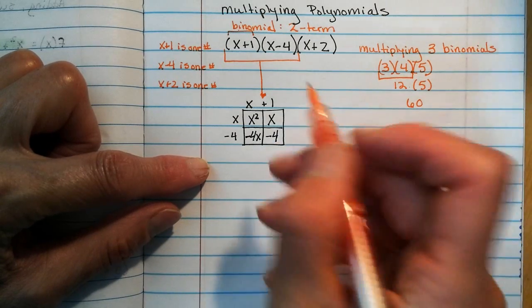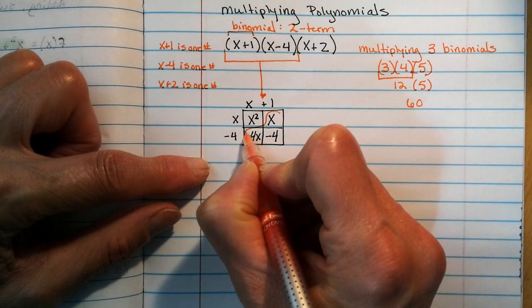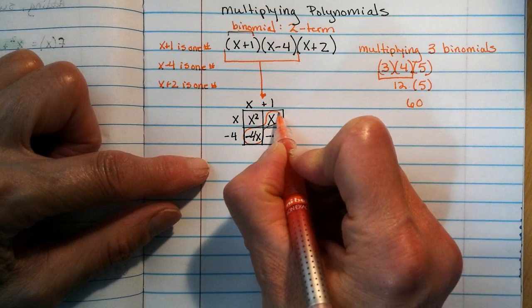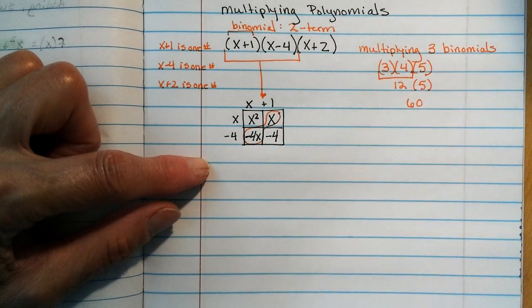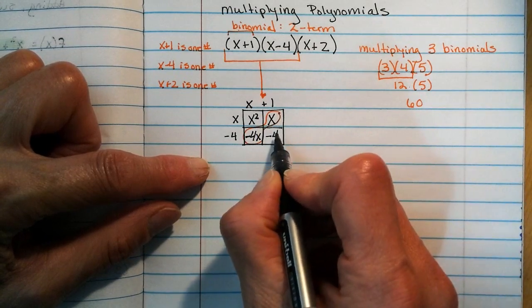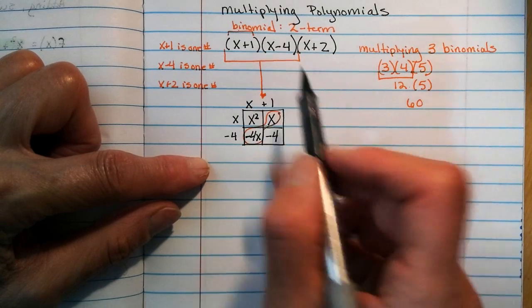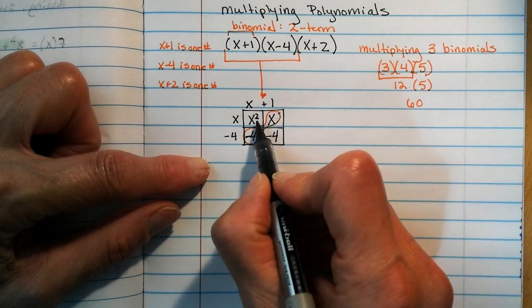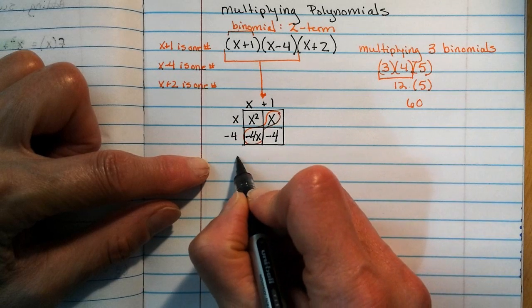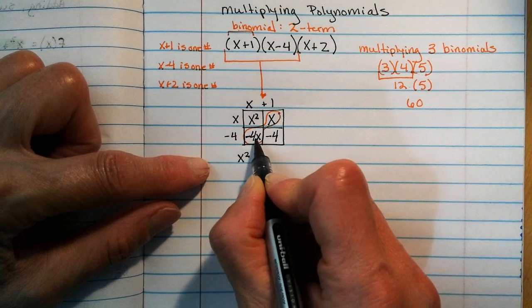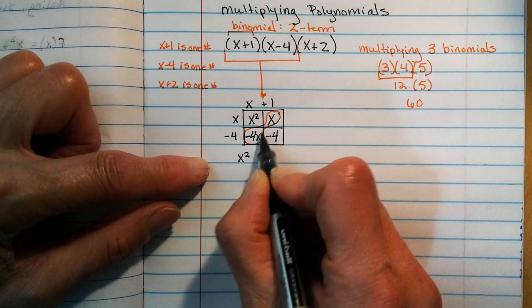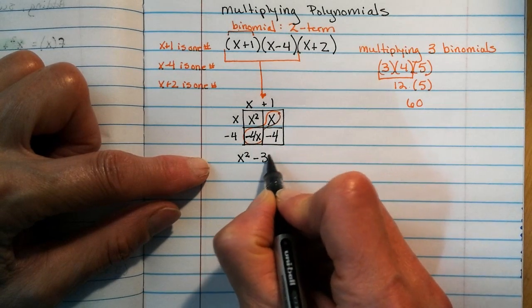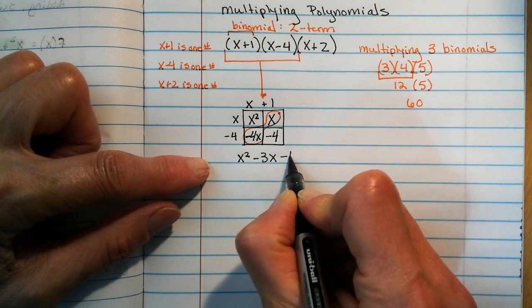So remember, always look at the diagonal to see if we have a peanut, and we have a peanut right there. So this binomial becomes a trinomial. The product of 2 binomials becomes a trinomial. I'm going to write down what's inside the box, x squared, and then I have negative 4x and x, which gives me negative 3x, and then I have negative 4.